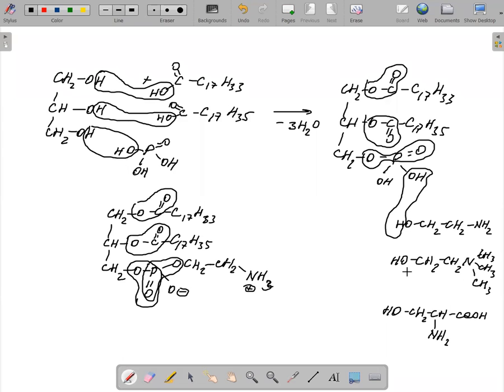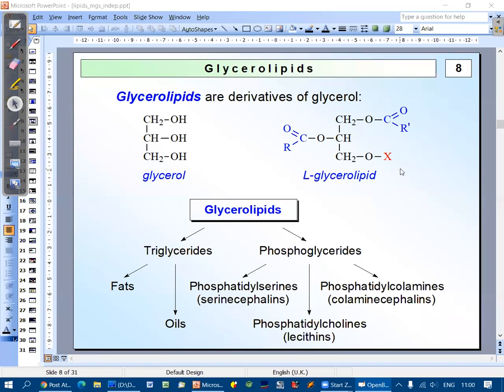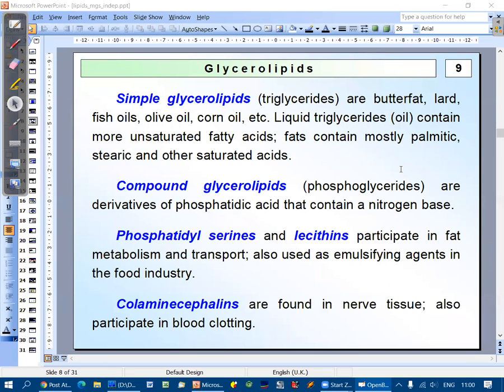The idea will be the same absolutely: hydrogen from OH and OH group from the residue of phosphoric acid. That's why you have the same table in your workbook. I'll show it right now before discussing the structure of sphingolipids.